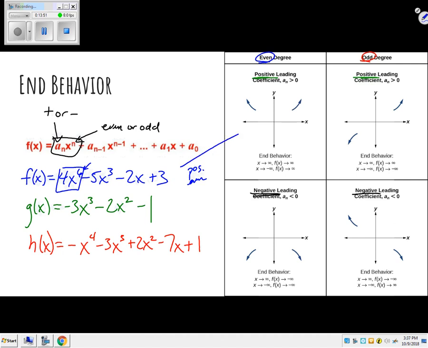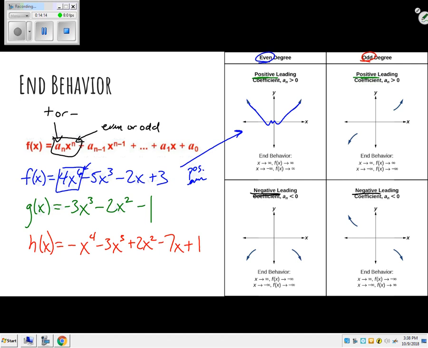And it matches up to this one. If it's positive and even, tomorrow what we're looking at doing is the graph's going to come down from the top. It's going to wiggle around the x-axis for a while, and then take off going back up to the top. How much does it wiggle around the axis? Well, it depends on how many zeros it has. We'll link all that together tomorrow.